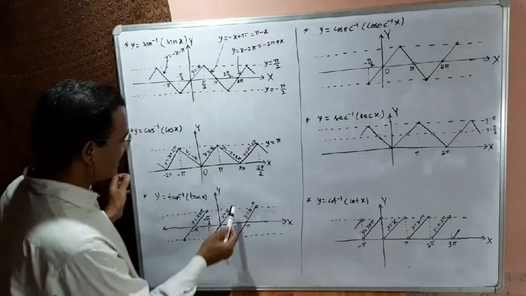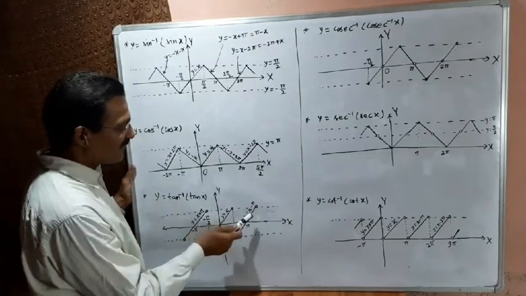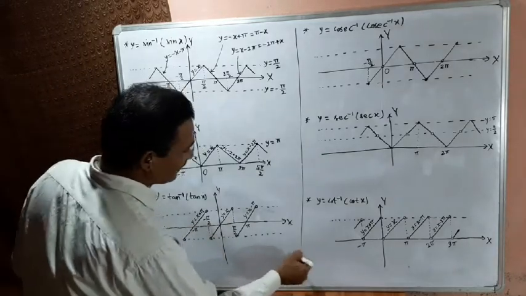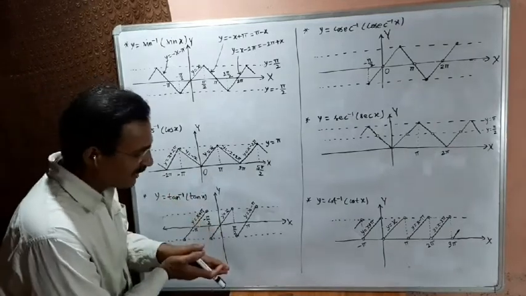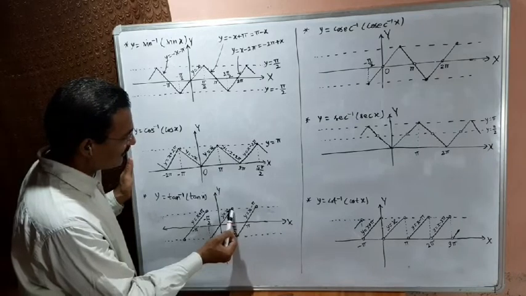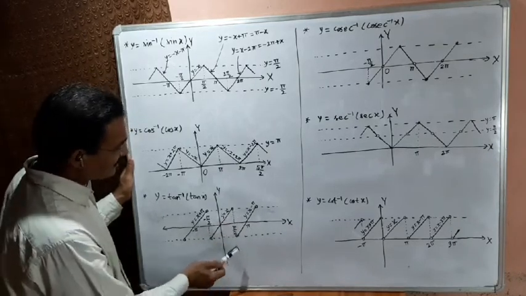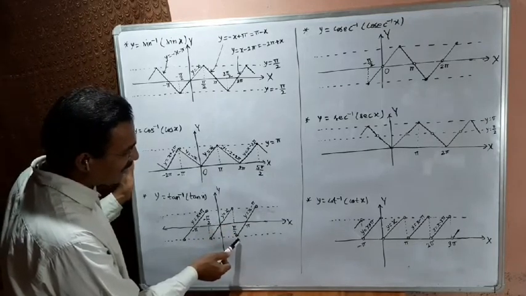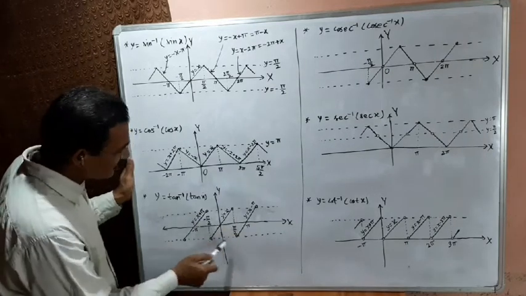And after this, you may understand, just as we exceed pi by 2, meaning the second quadrant, this second quadrant angle will be equivalent to the fourth quadrant, and therefore if we exceed the value of x from pi by 2, then it will start from minus pi by 2, and at pi again it will be 0. Both will be exclusive.